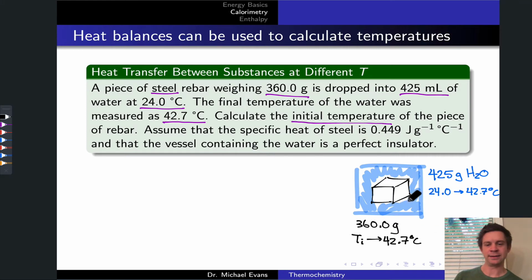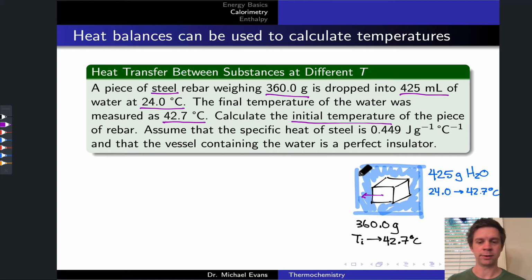Additionally, let's write out the heat balance here. Let's think about the directions of heat flows. Well, the steel bar started out hotter than the water, so heat is going to flow out of the steel and into the water, and we can write a heat balance equation recognizing that the signs of those heat flows are going to be equal and opposite.